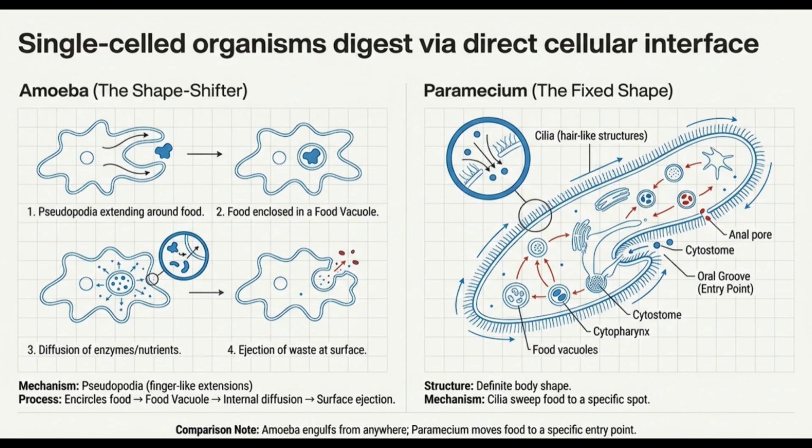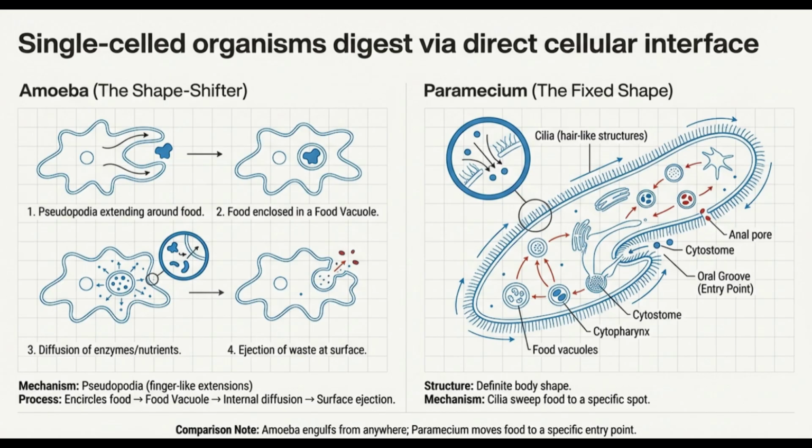So, while plants are busy making their own energy through photosynthesis, let's look at some single-celled organisms like amoeba and paramecium that don't have leaves or chlorophyll to harness sunlight. They've got their own clever ways of getting food. Amoeba. This little guy is a shapeshifter.